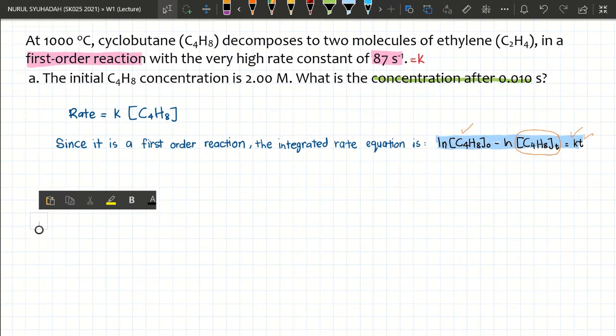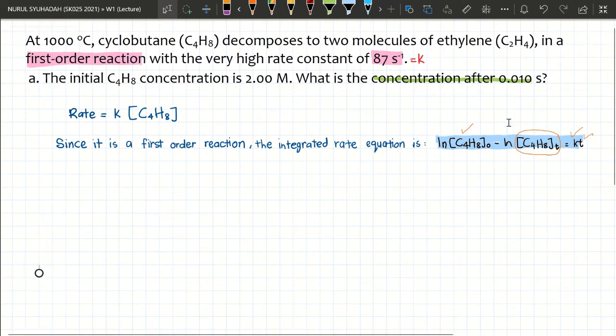We already have the initial concentration, which is 2 molar, and k and t are given in the question.